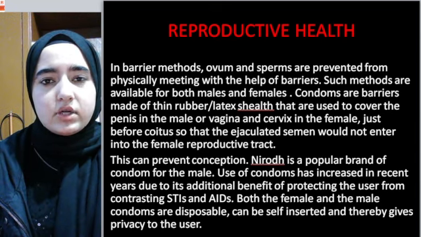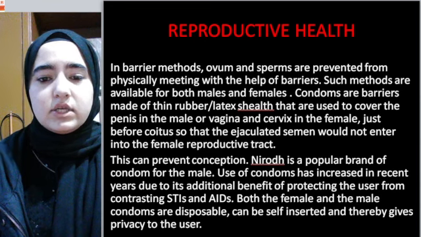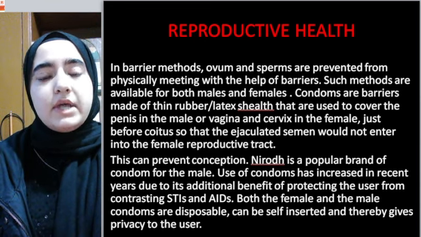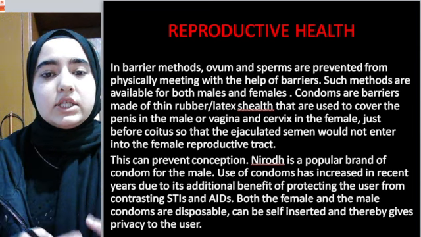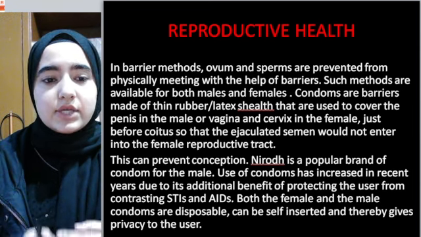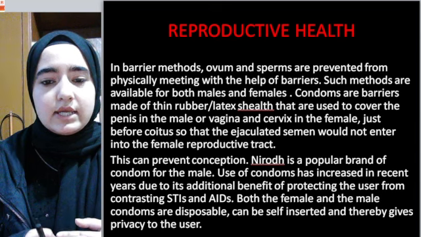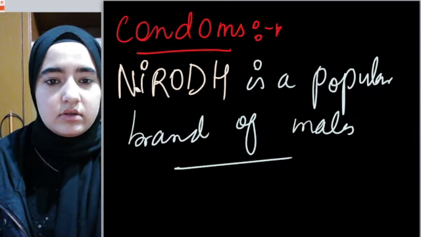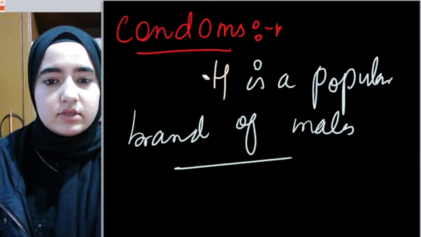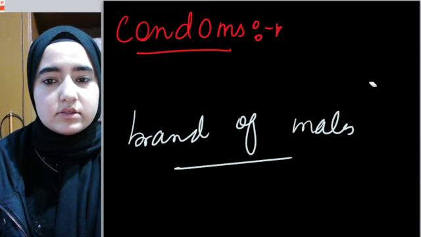And the use of condoms has increased over the years because of its benefits. They can protect the user from STIs, sexually transmitted infections, and AIDS. Nirodh, please remember this. It's a popular brand of male condom.